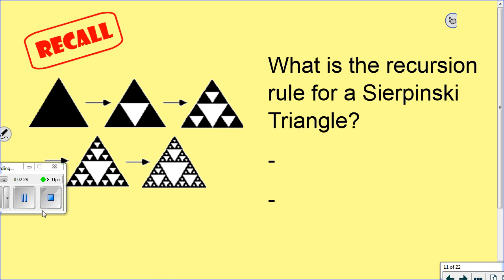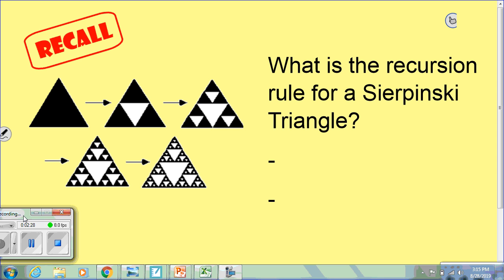All right, so remember our Sierpinski triangle. What is our recursion rule for our Sierpinski triangle? Again, recursion is just doing something over and over and over again, following the same rule over and over again. So what did we do with this triangle to form the Sierpinski triangle? What's the rule we follow?